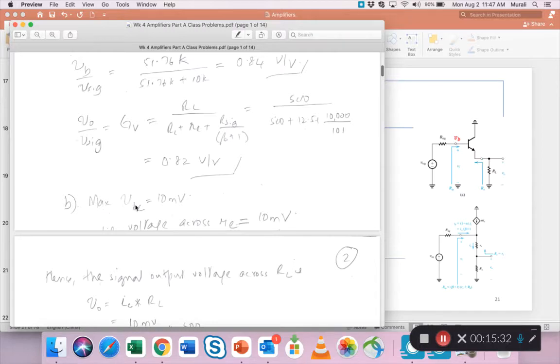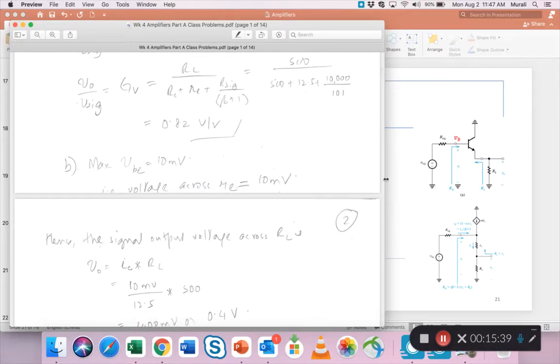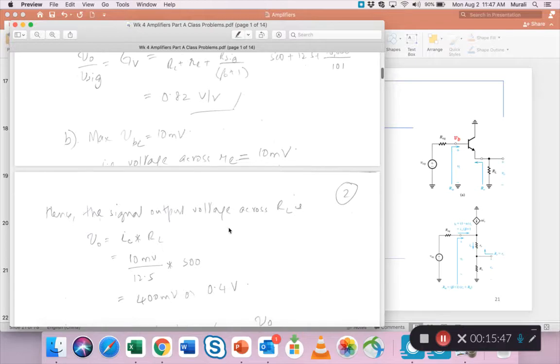Okay. The maximum VB is 10 millivolts. So the voltage across RE is 10 millivolts, assuming this model, the T model. So we want the VBE to be maximum at 10.